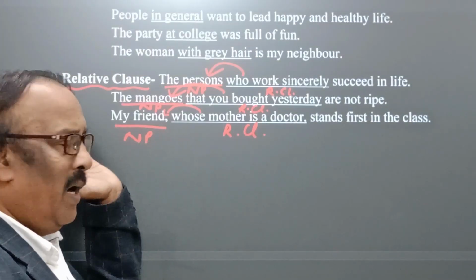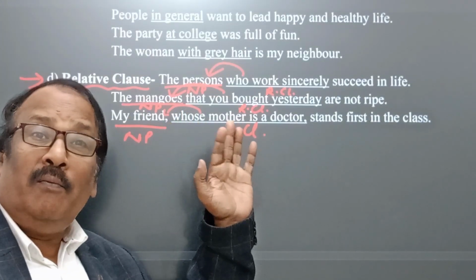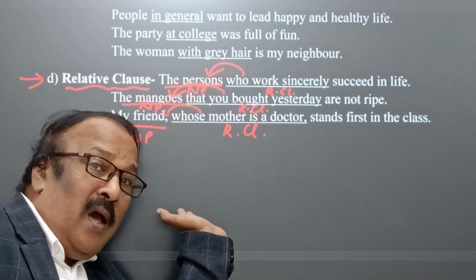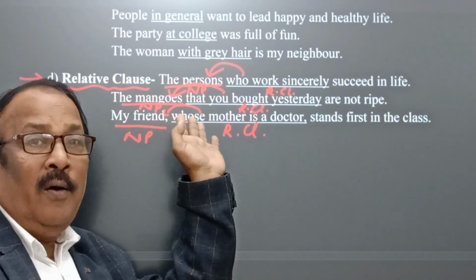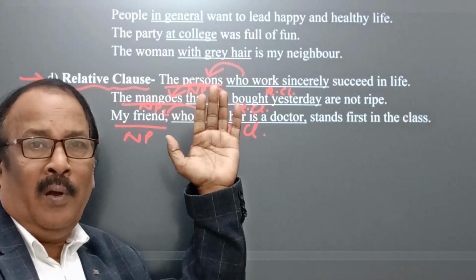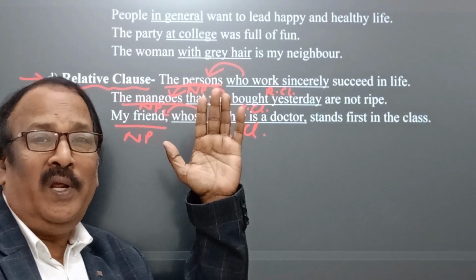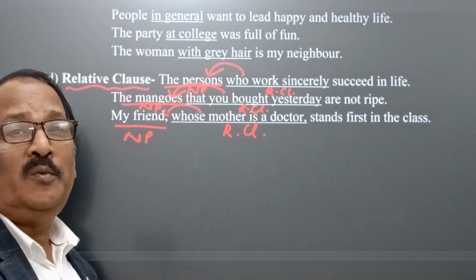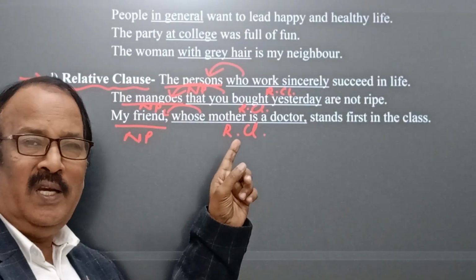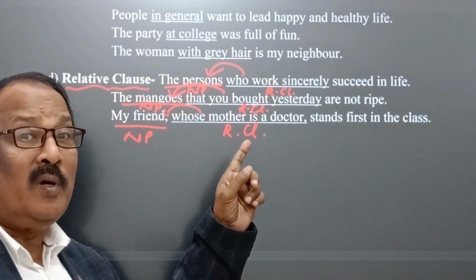Okay, here we find how relative clauses are used in complex sentences to modify or qualify the head noun, or the noun phrase, remaining after it as a post determiner. That's why this is also a very interesting factor to remember.